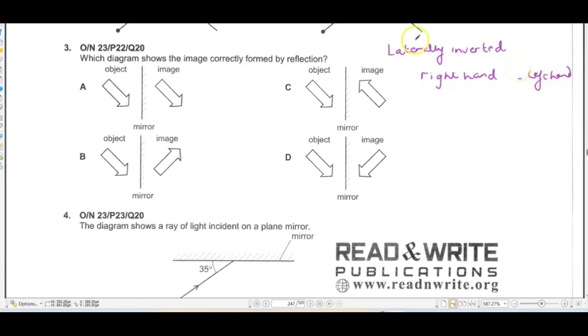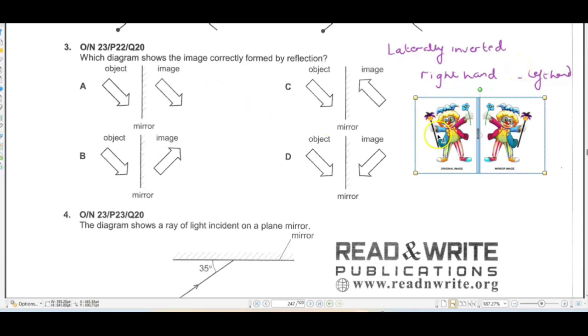I can just show you a picture as well. Now, this image can give you an idea of lateral inversion. You see that in the original image, the clown is holding this stick in what appears to be his left hand. But in the mirror image, it is in his right hand.